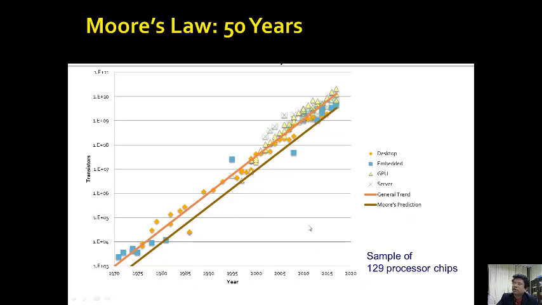This is a sample of 129 microprocessor chips in the market, and Moore's prediction was exactly the same trend was continuing last 50 years.